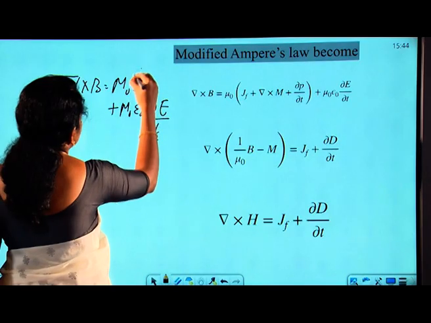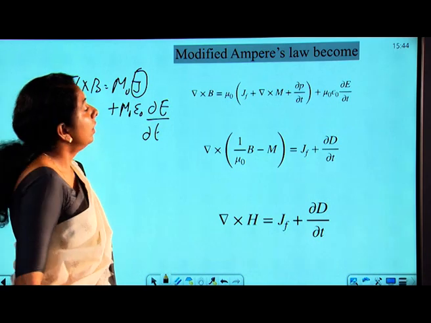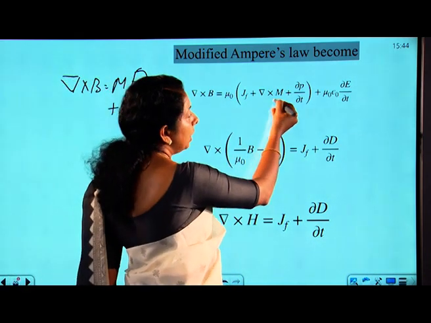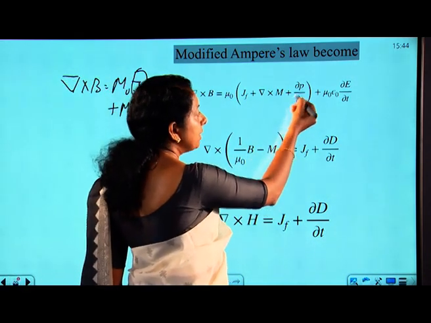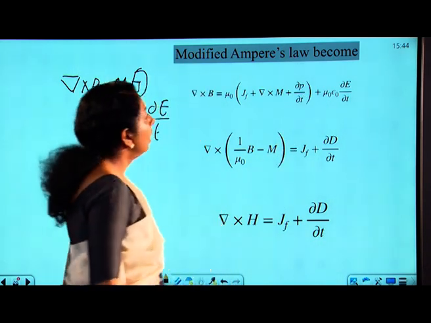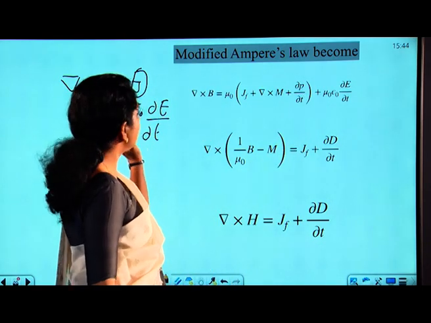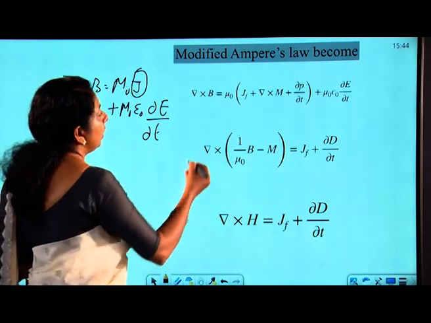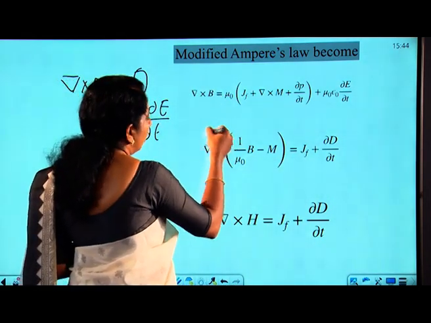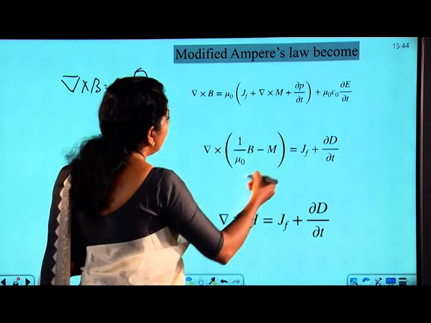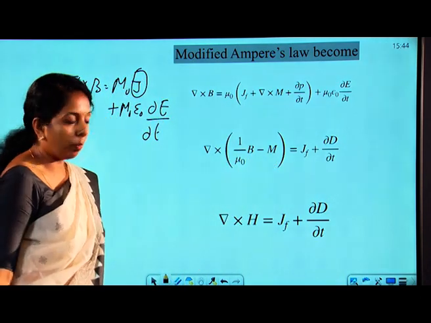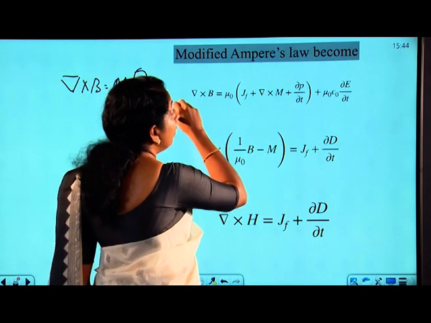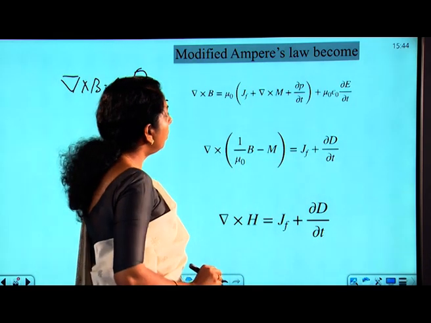Here we are replacing J by Jf plus Jb, that is del cross M, plus Jp, that is del P by del t, plus the same term mu 0 epsilon 0 del E by del t. Now, we are taking the curl terms onto the left side, taking del cross as common, and then dividing the equation throughout by mu 0.